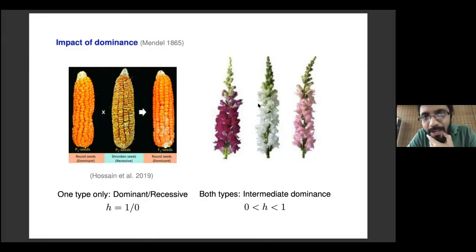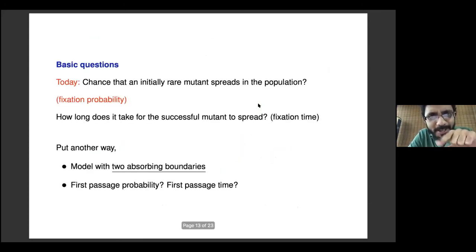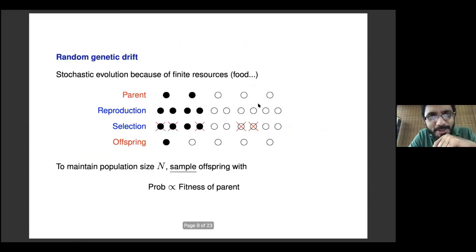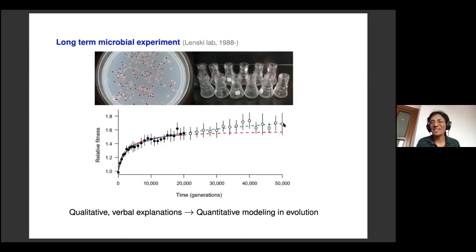Kavita, right at the beginning, in Lenski's experiments, there were these two red and blue or green curves that you had shown. So can you tell us a little bit more about those two? So the green curve fits better, of course, but there are two important things I'll just name, which are clonal interference and epistasis.